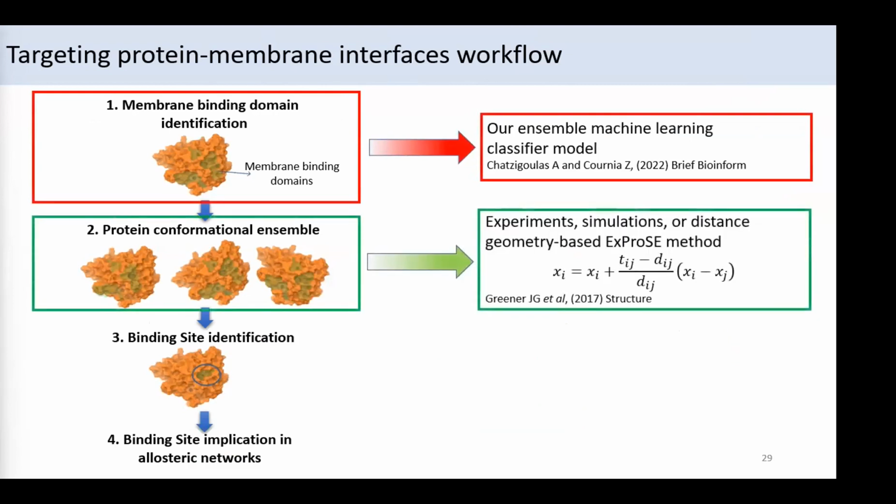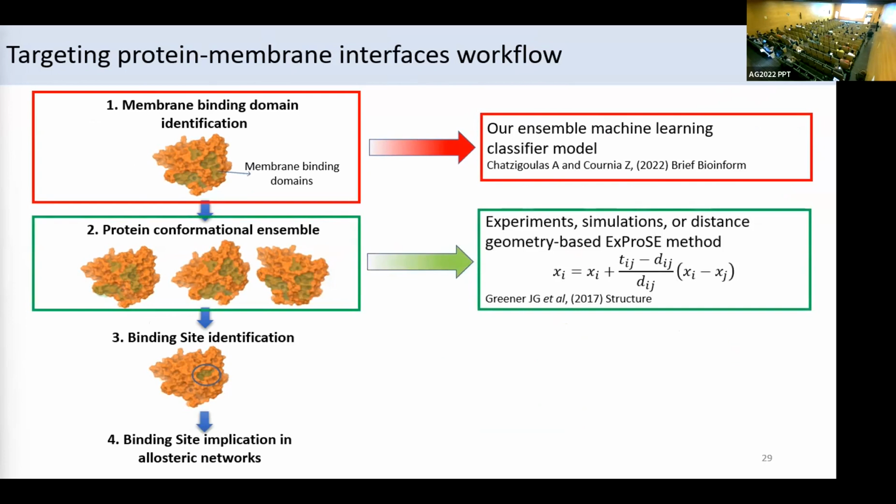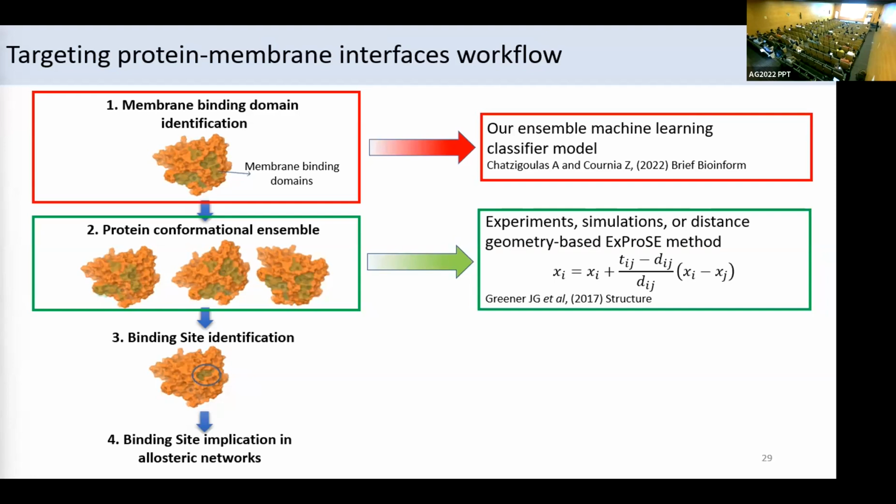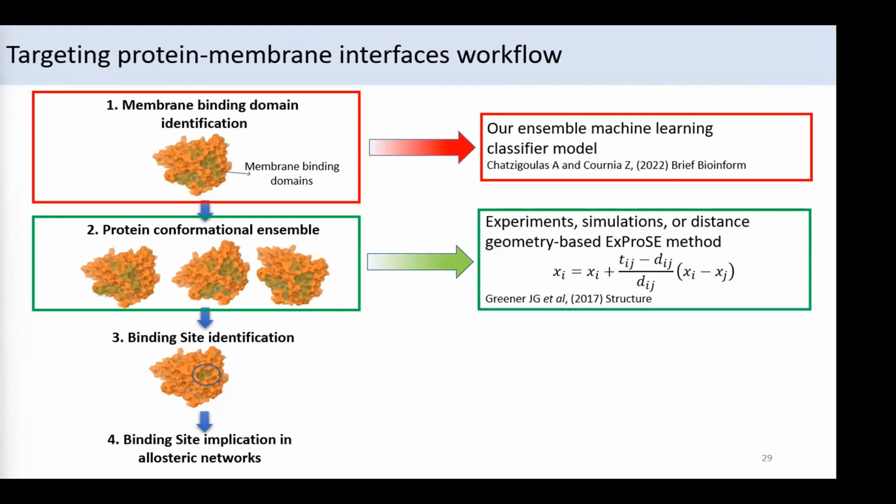For the second step, in our web server, one has three options. The first one is to input an NMR ensemble, so this is the protein conformation ensemble. The second one is for the user to upload his or her own protein conformation ensemble generated from MD simulations, or whatever.